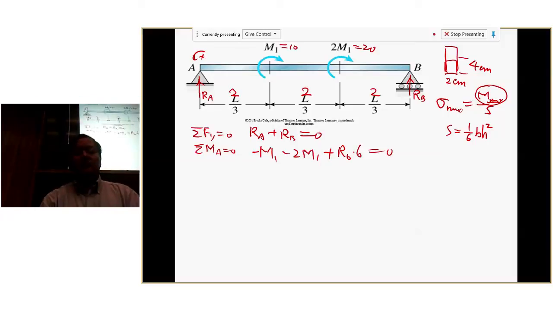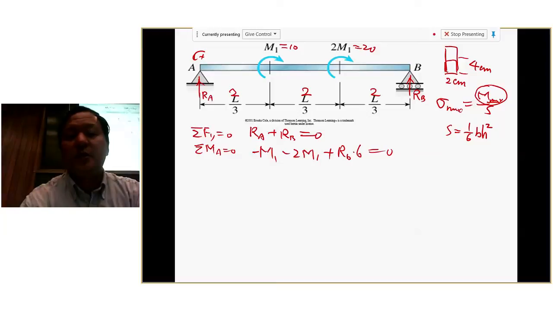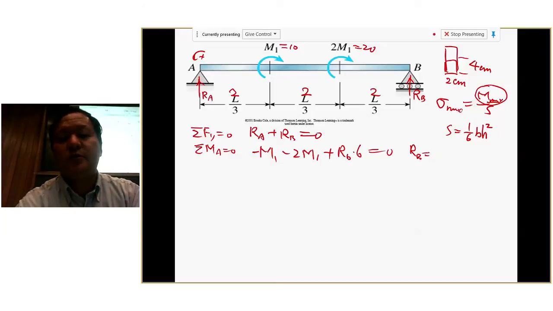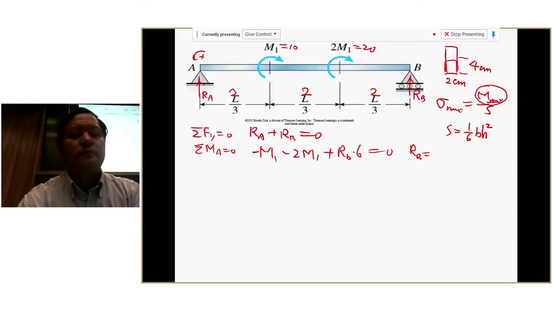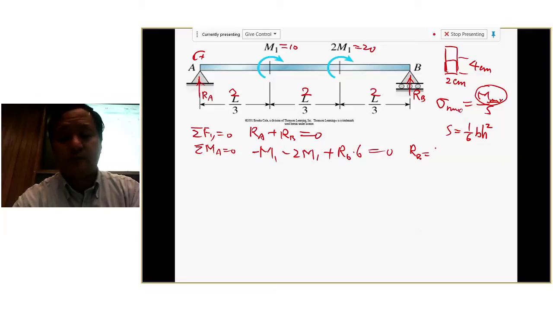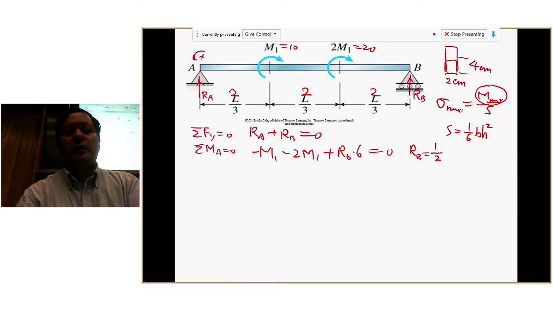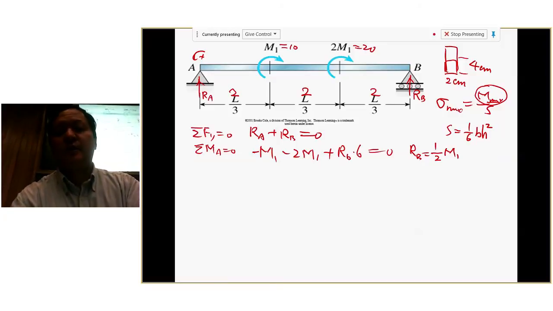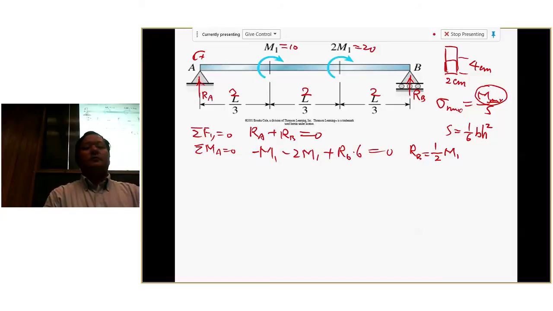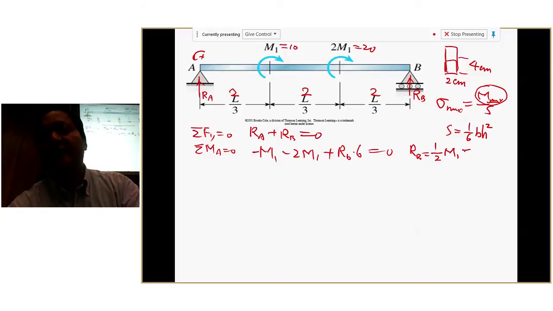Now what's RB? Say 3M1 equals 6 RB, so RB will be half of M1, right? So it equals 5.